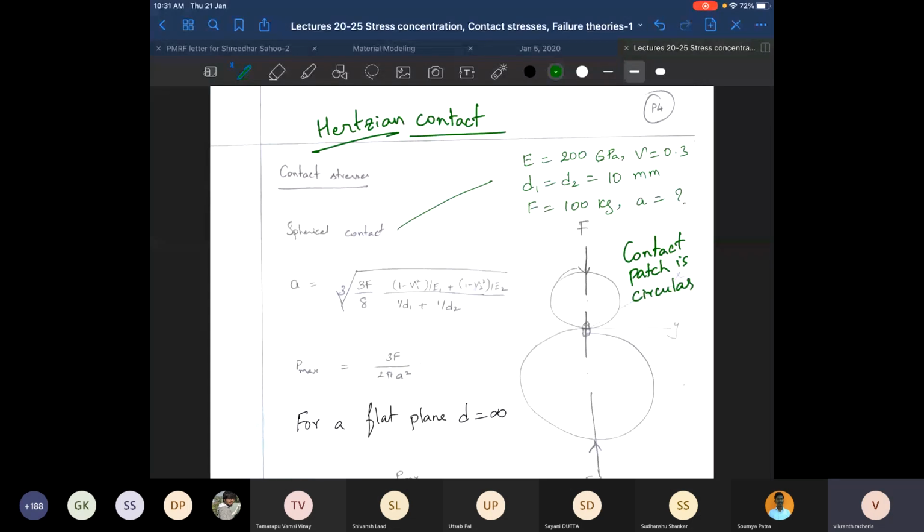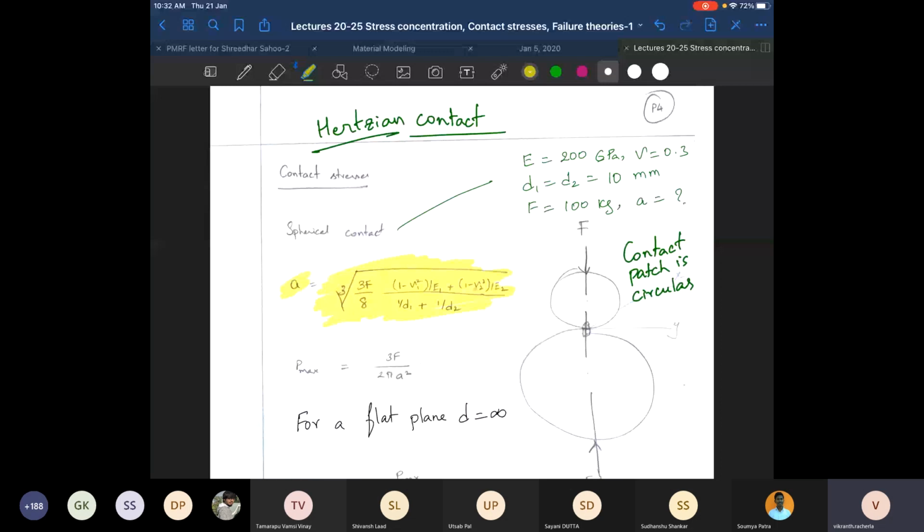The radius of the contact patch, the radius of the circle, is given by this expression. We are not going to get into derivations, it's pretty complex. So this is the radius of contact, and you have a parabolic distribution of contact pressure within this contact patch. Pressure is highest at the center of the contact.